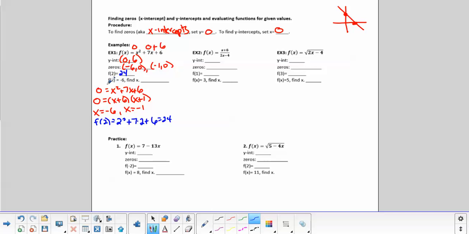And the last one says f of x equals negative 6, find x. So you would put negative 6 over here on the y side. So negative 6 equals x squared plus 7x plus 6. To solve a quadratic, you need one side to be 0, so I'm going to add 6 to both sides to get 0 equals x squared plus 7x plus 12, because I have to add the 6 to the 6.